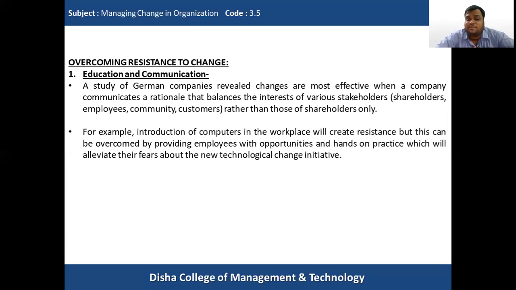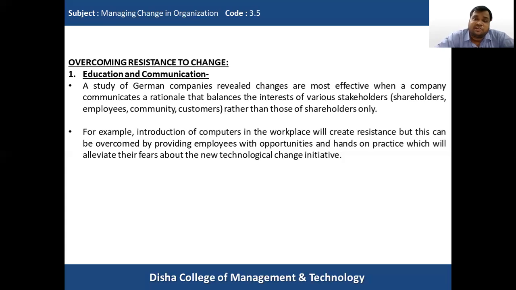For example, introduction of computers in the workplace will create resistance, but this can be overcome by providing employees with opportunities and hands-on practice, which will alleviate their fears about the new technological change initiative. So whenever a new computer system is going to be installed in the place, a technological change is going to happen in the organization.